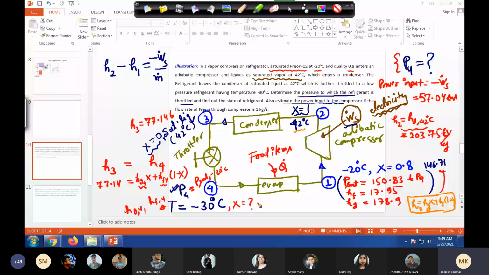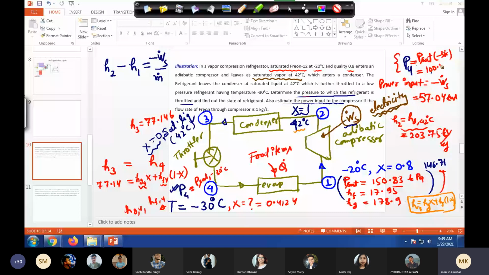Okay, and pressure P4 is nothing but P sat at minus 30 degrees Celsius, and this comes out to be 100.3141 kilopascal.